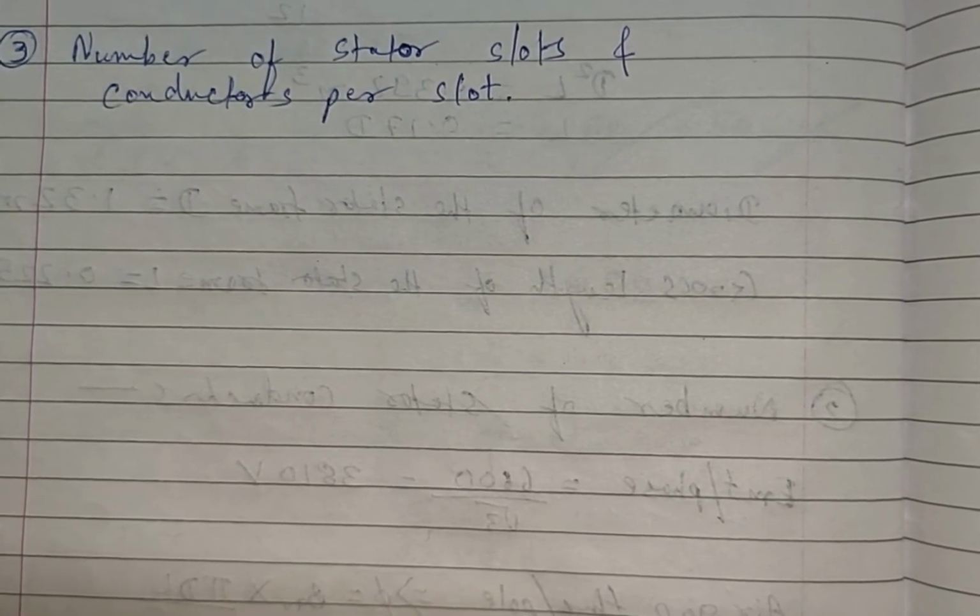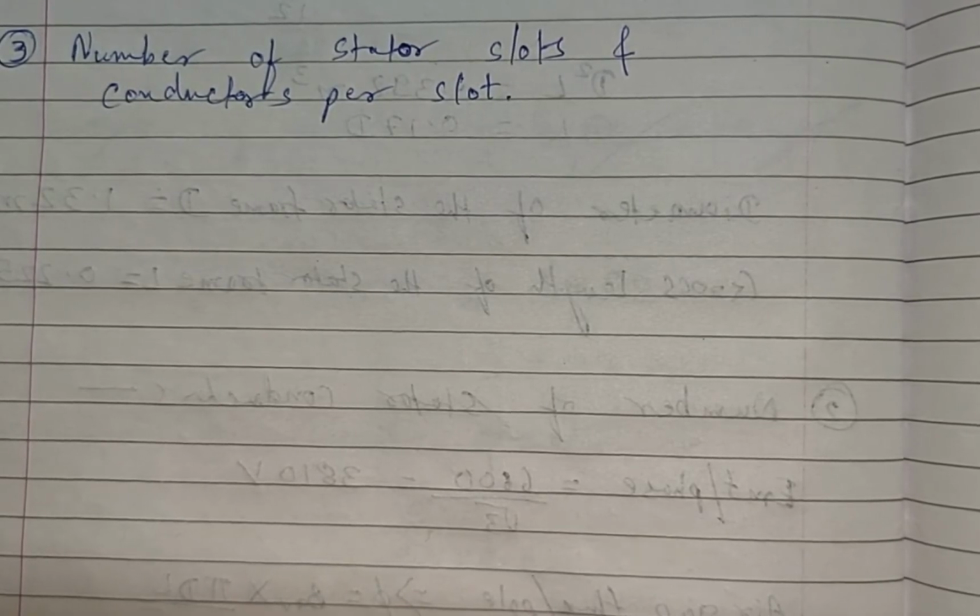Let us say a higher number of slots leads to a higher flux density, higher cost, and the teeth become mechanically weaker, whereas choosing a larger number of slots gives reduced leakage reactance, lower initial temperature, as well as decreased tooth ripple.